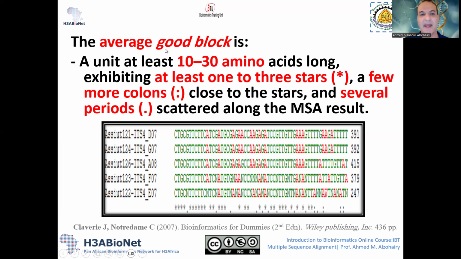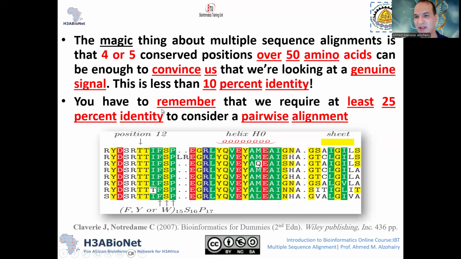So the good block is at least 10 to 30 amino acids long, exhibiting at least one, two, or three stars, which mean identical, a few more colons like these ones, which mean conserved but not identical, with the same hydrophobicity and size, and several periods, which mean the amino acids in that column have either the same hydrophobicity or the same size. So this is one of the good things that you can get.